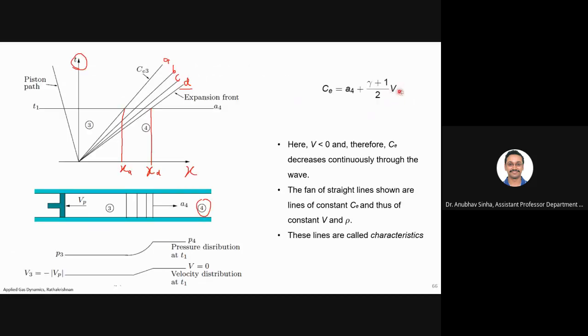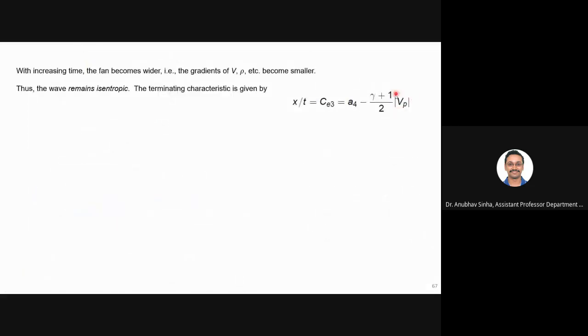So V, I think I did a mistake here. So we will be varying V for each wave. For the last one, it will be equal to the piston speed, the modulus of that piston speed, because actually this value is negative. We'll take the positive and we will add minus here. Okay. Now, what about the slope?